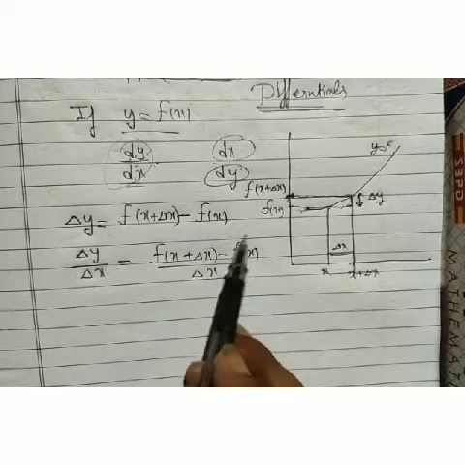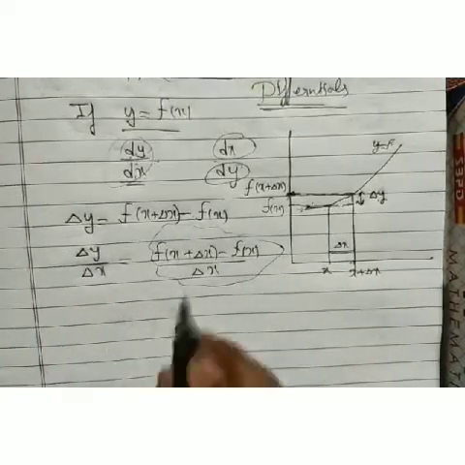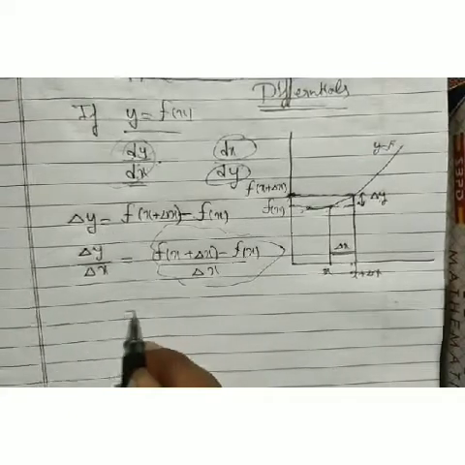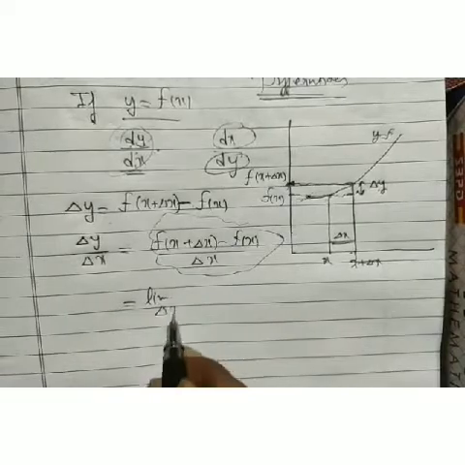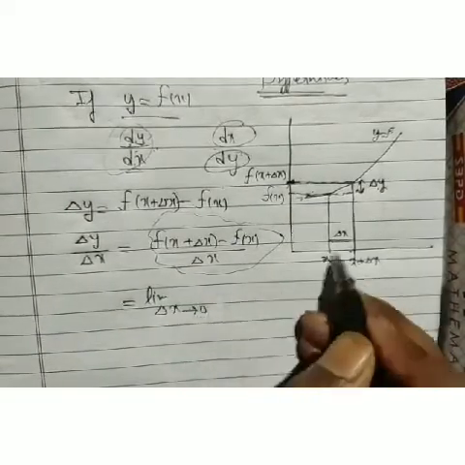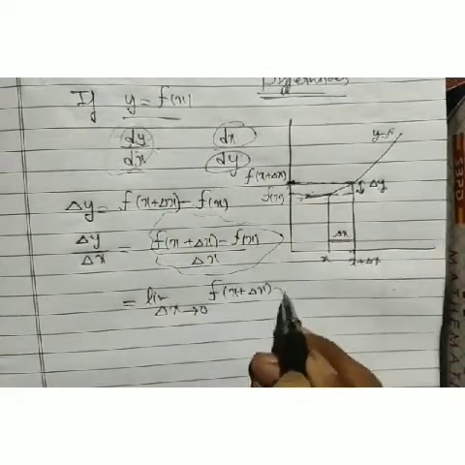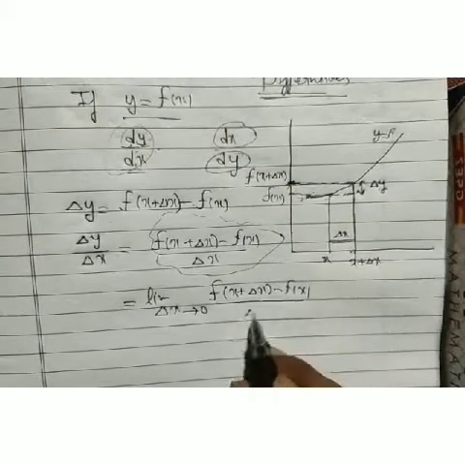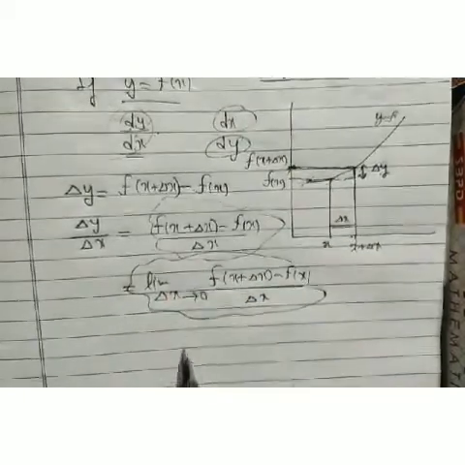Now, when we take the limiting value, if you remember, as delta x tends to 0, then what is its value?